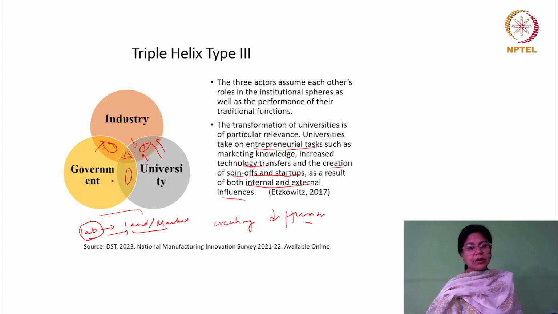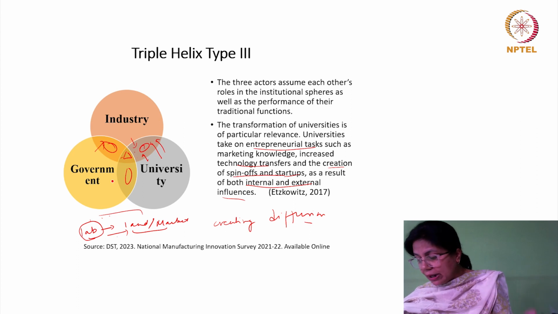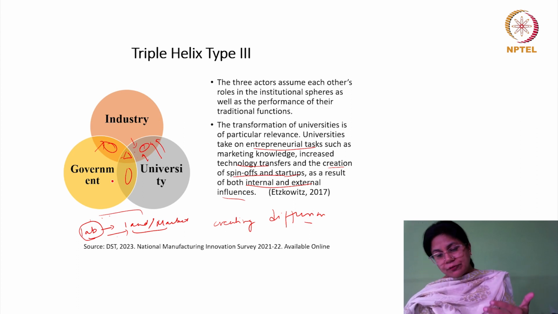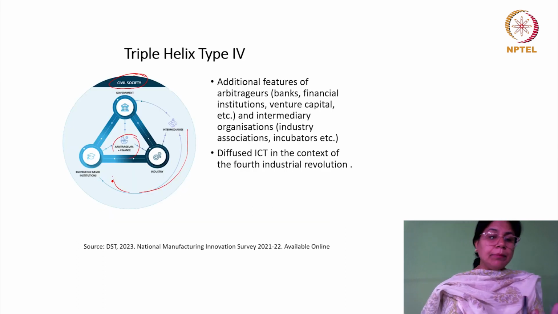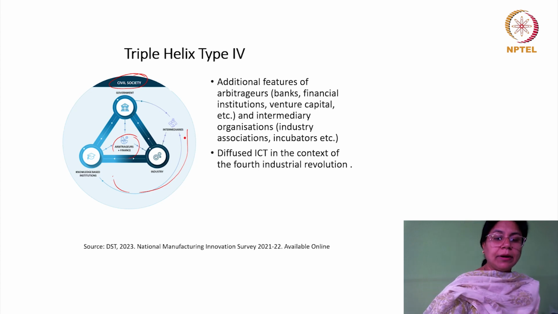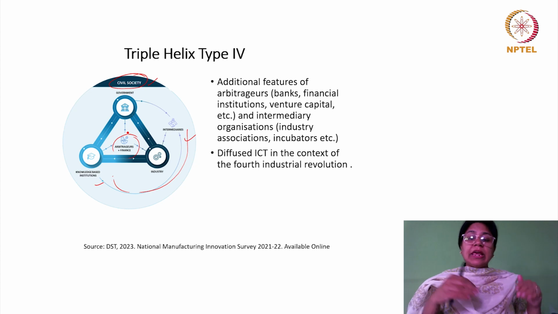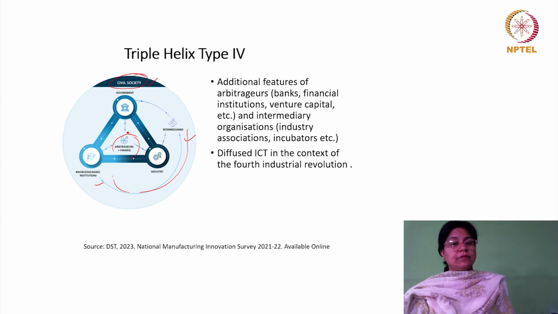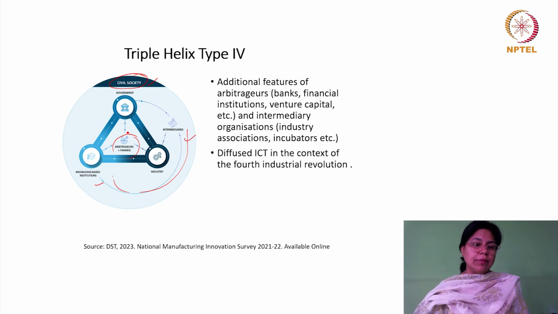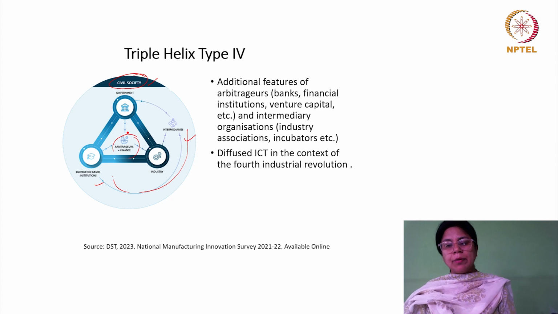So if you talk about the evolution or the need which has come forward to create different types of institutions in order to support and facilitate, as they become much more prominent, they gain a specific form as intermediaries, knowledge institutions, civil society, arbitrage. Once they are inculcated into the triple helix with the three main focuses of government, universities, and industry, now we are talking about triple helix type 4.